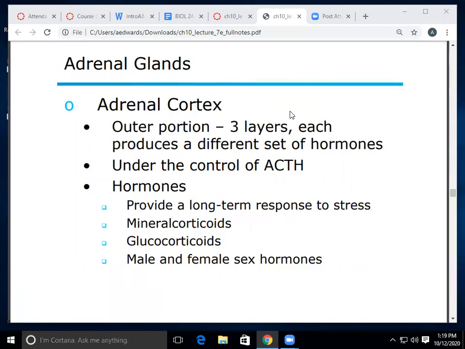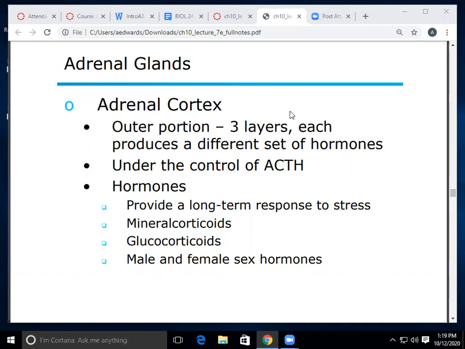Its hormones will provide a long-term response to stress, as opposed to the adrenal medulla, which has a short-term response to stress.